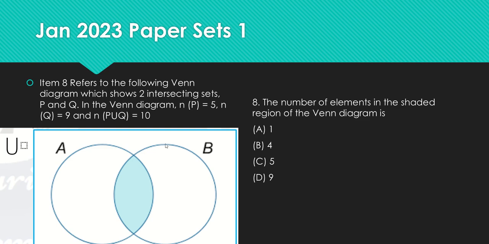If we remember our formula, the union, that is 10, equals 5 plus 9 minus the intersection. 5 plus 9 is 14. 14 minus something is equal to 10. 14 minus 4 is equal to 10. So the answer here would be B if you're using your formula, right?